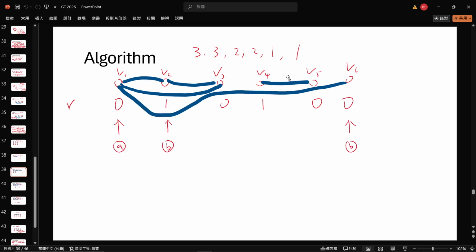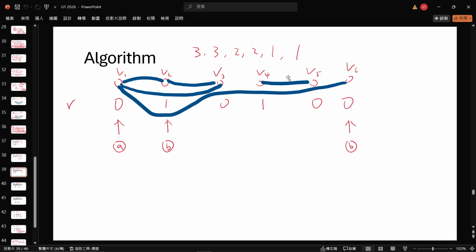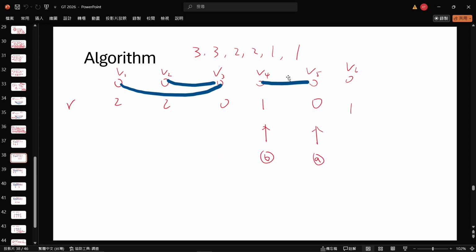Oh, no. Sorry. These degrees are after the modification.